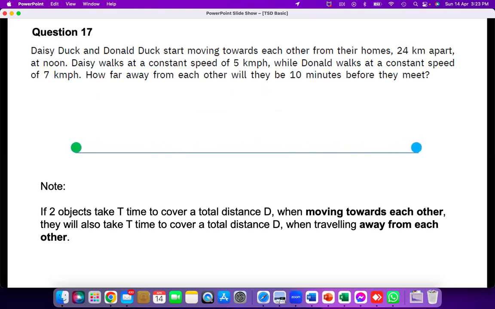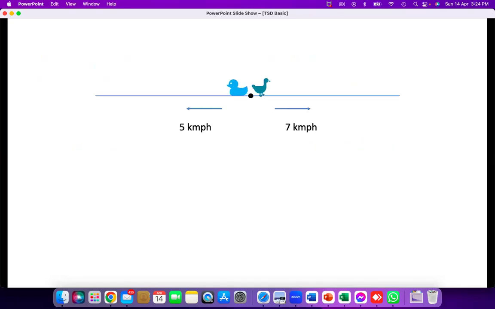In this approach, you calculate the time they take to meet, 2 hours. Then, 10 minutes before, how much distance will they cover? Then you subtract that from 24. This is what you can do. Otherwise, understand this logic.